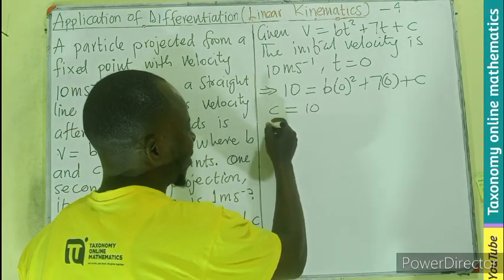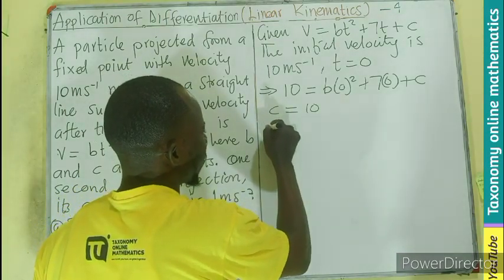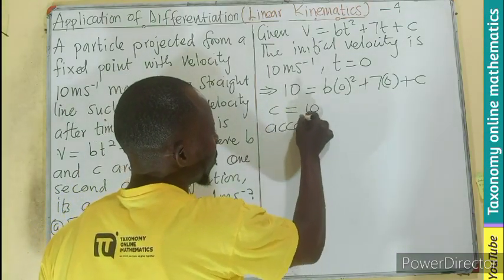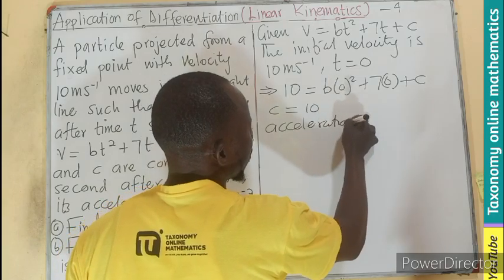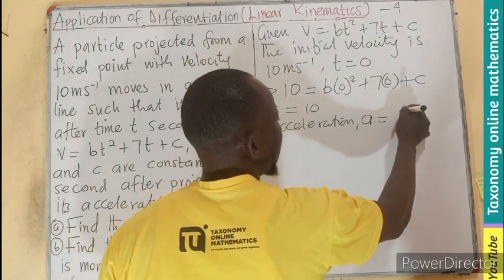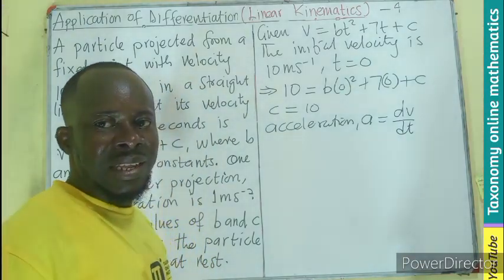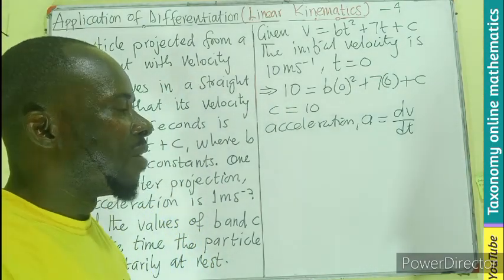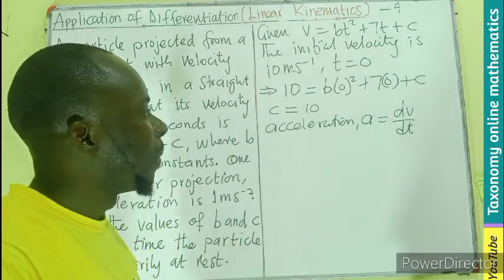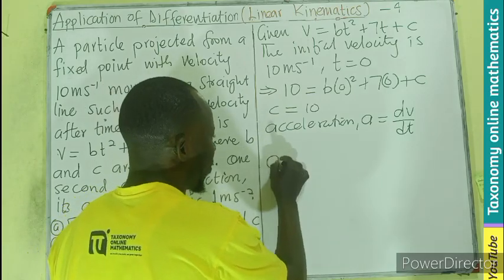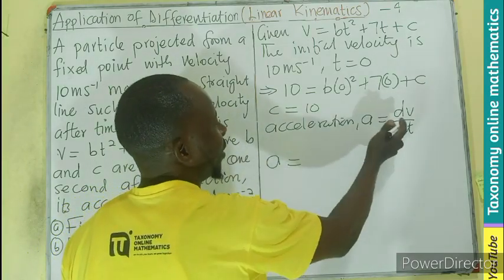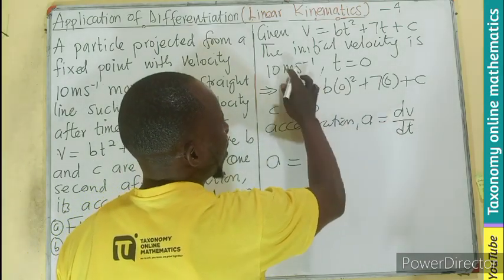Here we use a equals dv over dt. That is the differentiation of the velocity with respect to time.